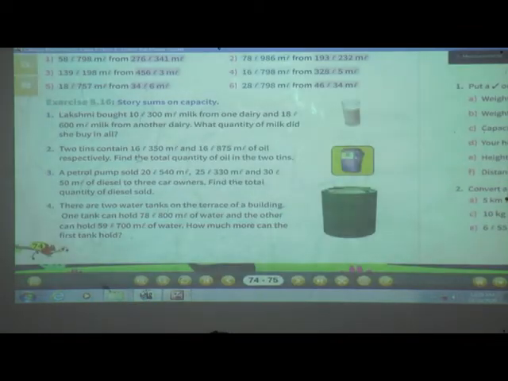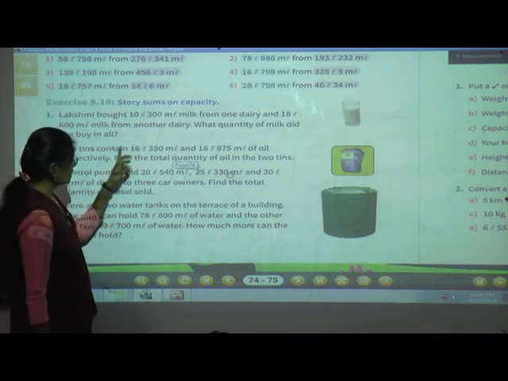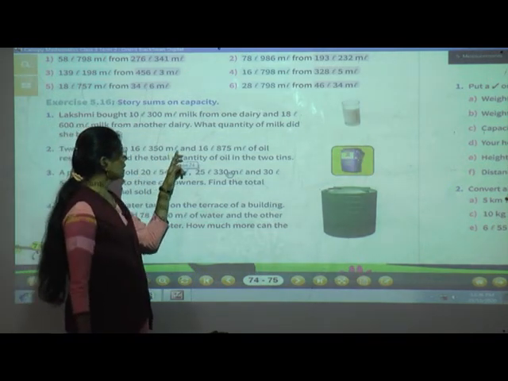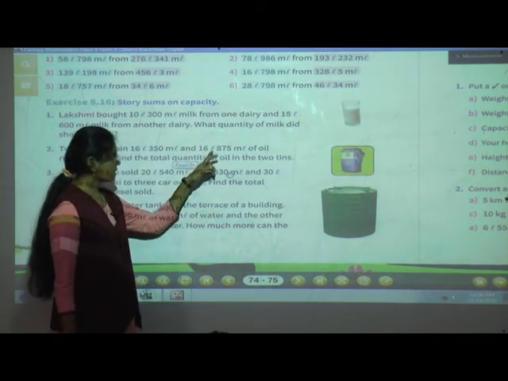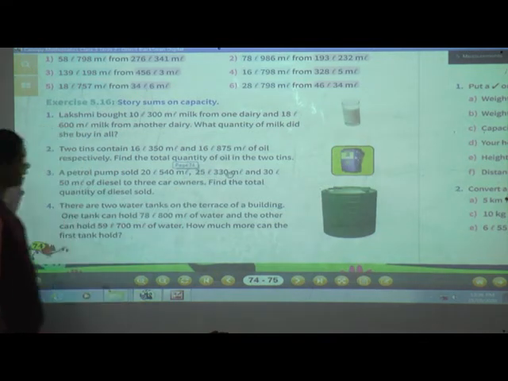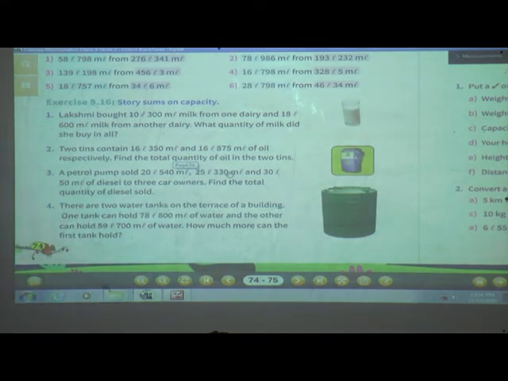See here, second number. 2 tins contain 16 liter 350 milliliter and 16 liter 875 milliliter of oil respectively. Find the total quantity of oil in the 2 tins. See students, what is given to us? 2 tins contain 16 liter 350 ml and 16 liter 875 ml of oil respectively.